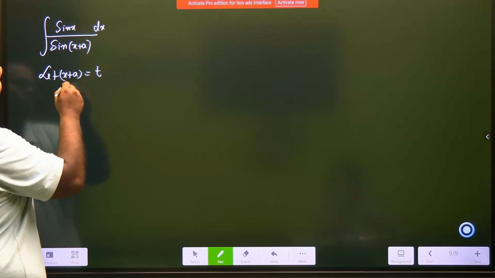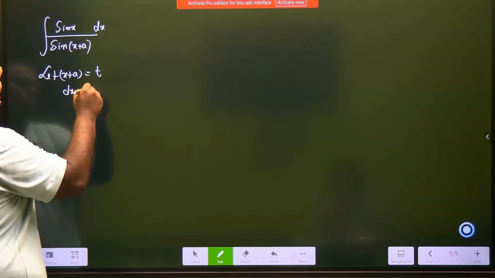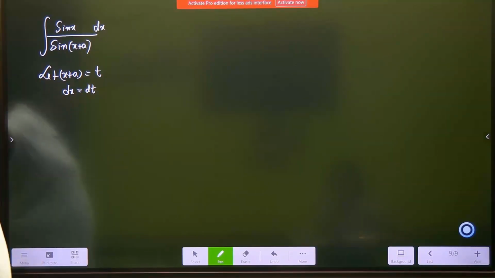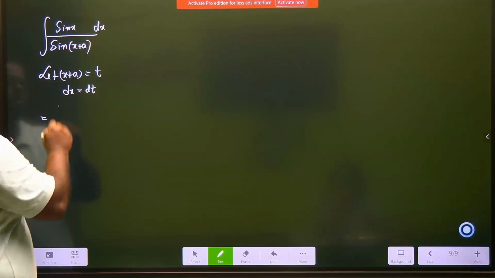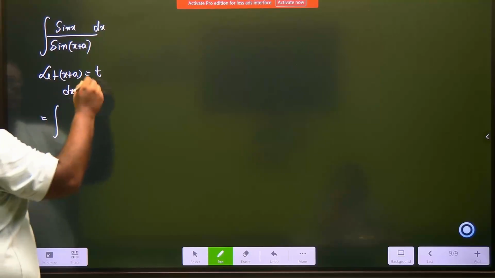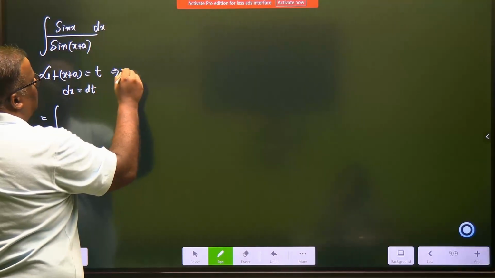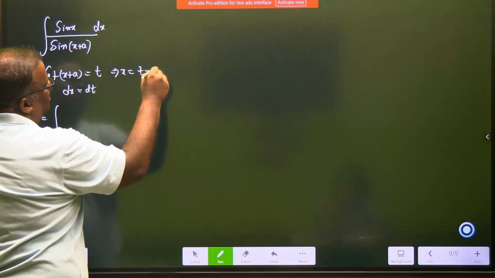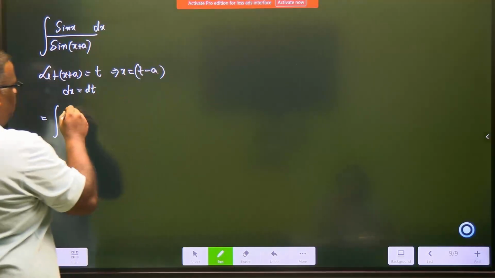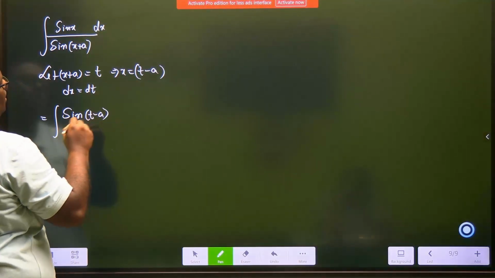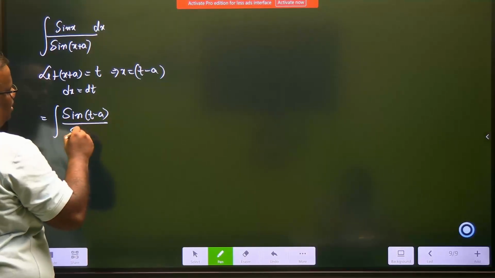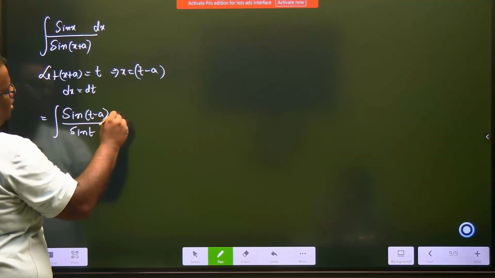So dx is equal to dt. But sir, what great thing did you do by doing this? Some great thing we have done. Just see. From here what can you write for x? X can be written as t minus a. It becomes sine of t minus a divided by sine t dt.